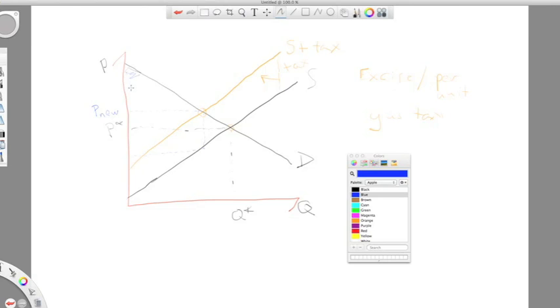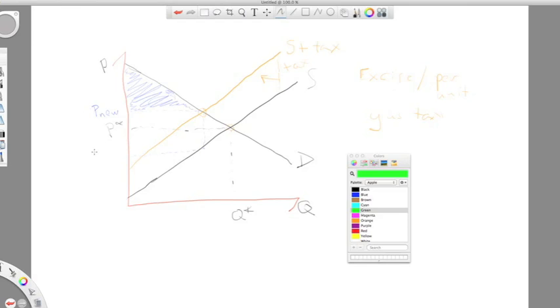They're, of course, going to earn consumer surplus equal to that triangle, right? That's their consumer surplus. Fill this guy in. That's what they earn. Producers, well, they don't receive this price anymore because they have to collect and send in the tax.